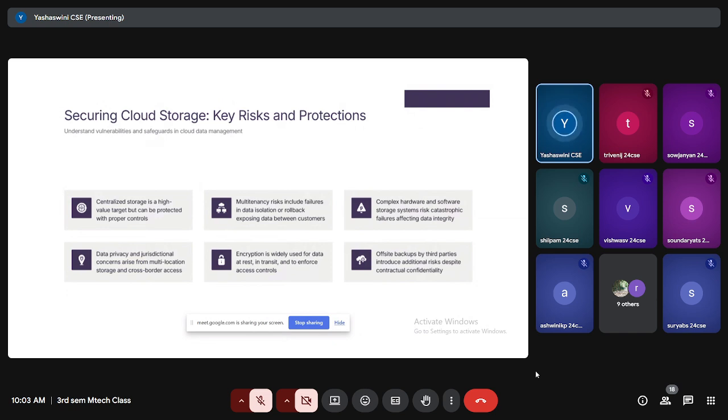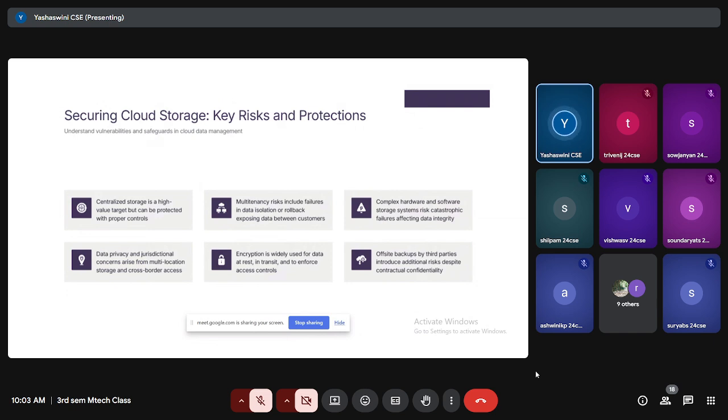So how to enable the protection? For the first one, probably we can go with data privacy or jurisdiction concerns. Multi-location storage or cross-border issues could be solved by having a very good data privacy policy. And depending upon the geographical area, we can also go with jurisdiction concerns, where you can sue them if it is cross-border access.